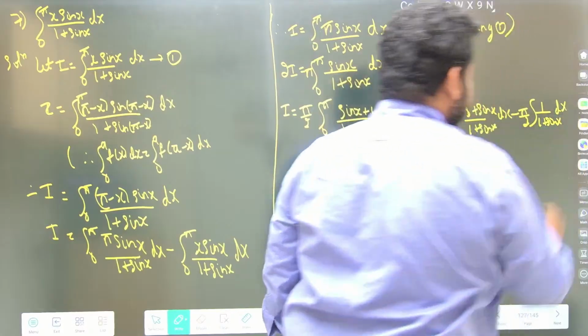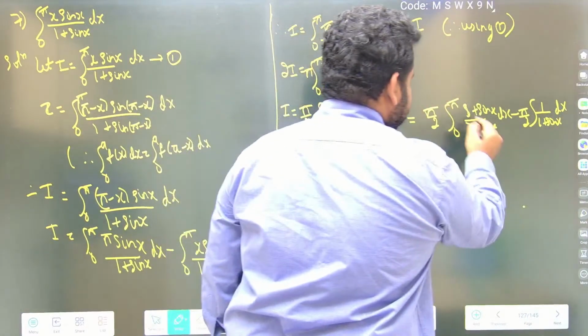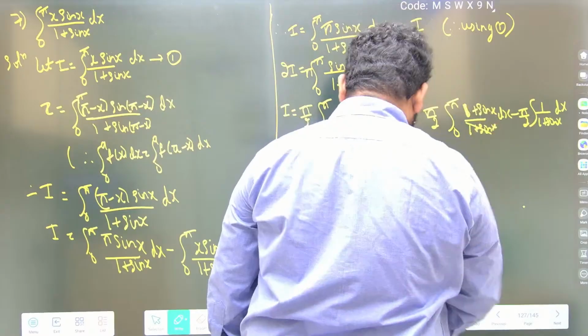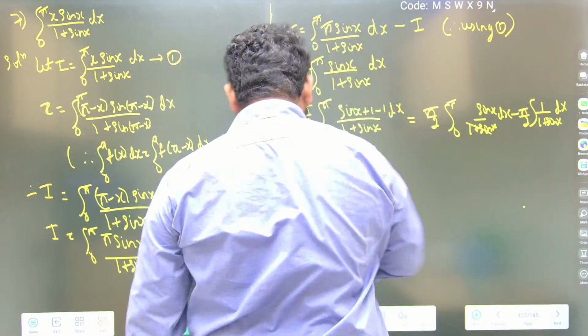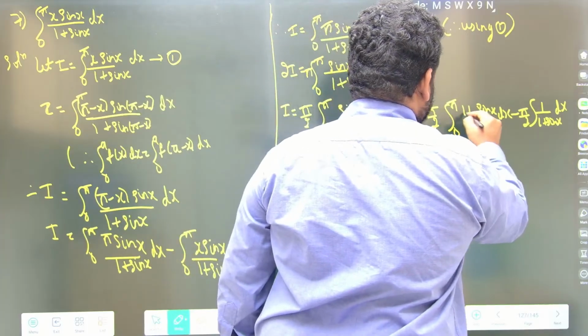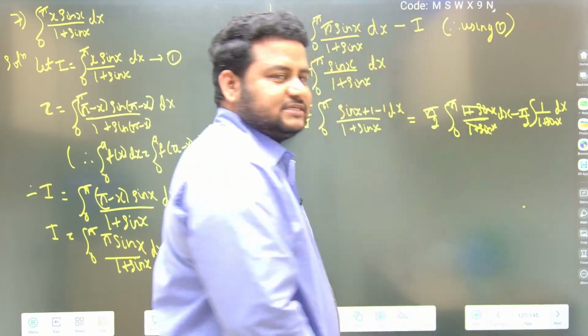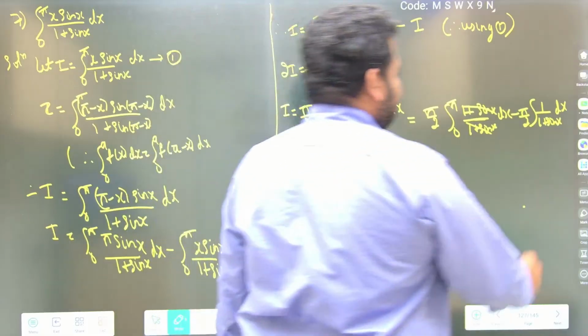Now 1 plus sin x in the numerator and denominator cancel.